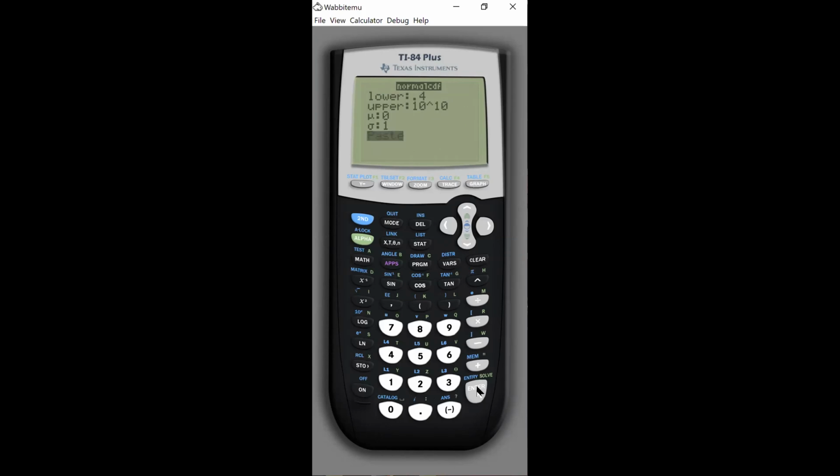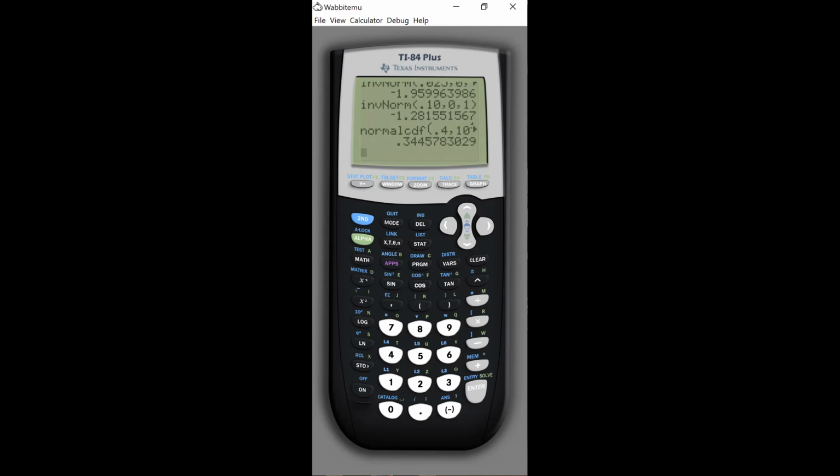So we go to paste. You go to enter. And that's the probability that x is greater than or equal to 37. So we'll say 0.3446. So that's our answer.